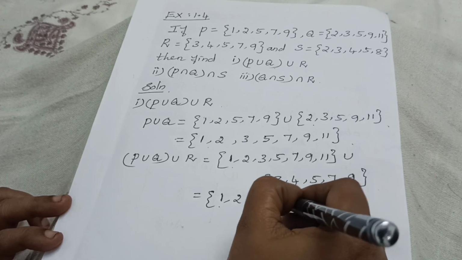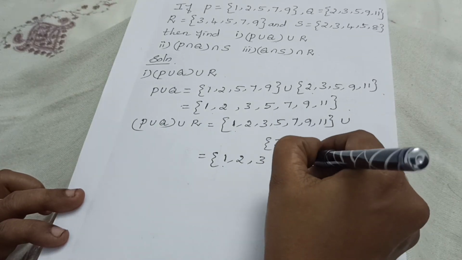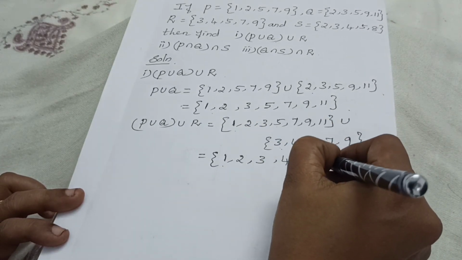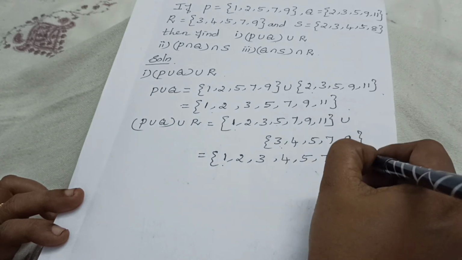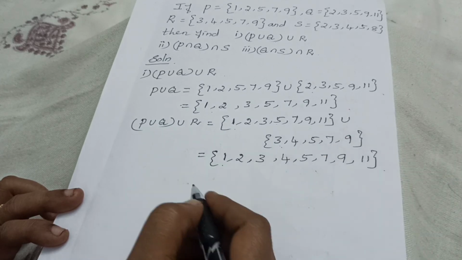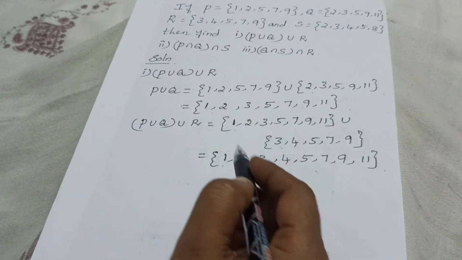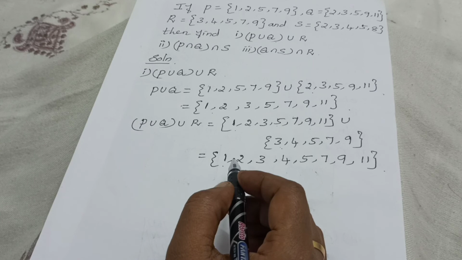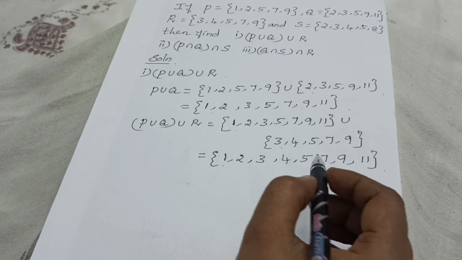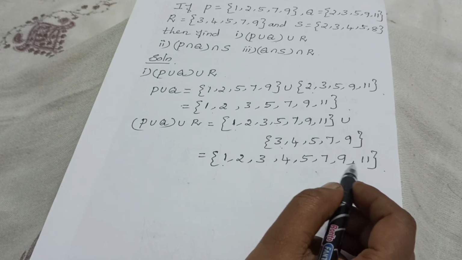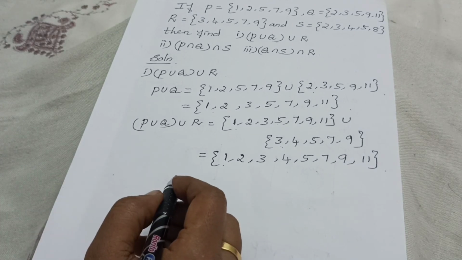Then 4 is there, 5 common, write one time. Then 7 also common, write it. Then 9 also common. Then the remaining 11. Understood? Then P union Q, then union R is equal to what elements we got: 1, 2, 3, 4, 5, 7, 9, 11. Like this, the second and third questions you should do as homework.